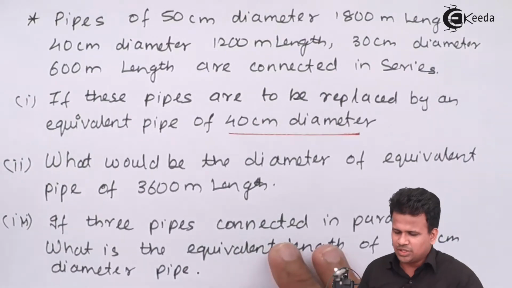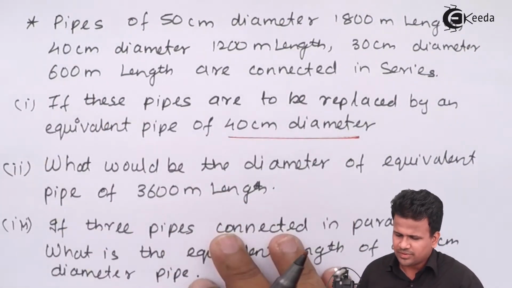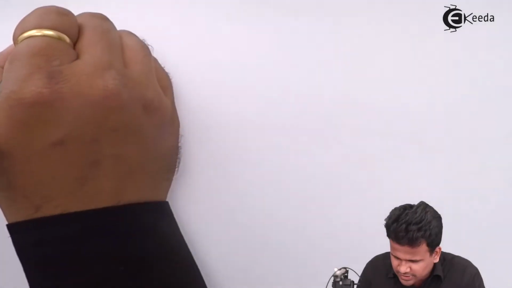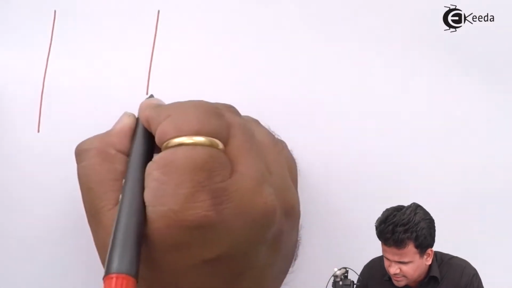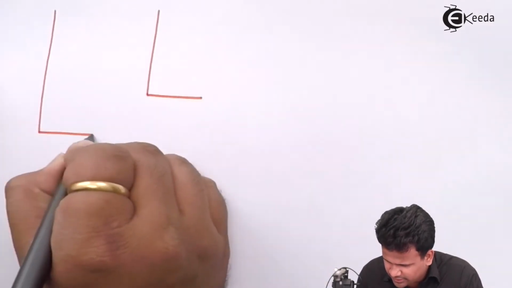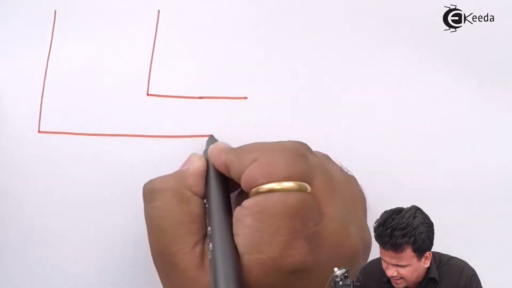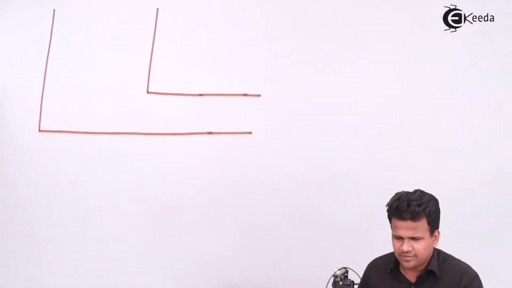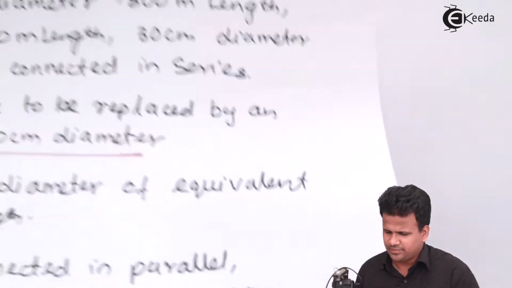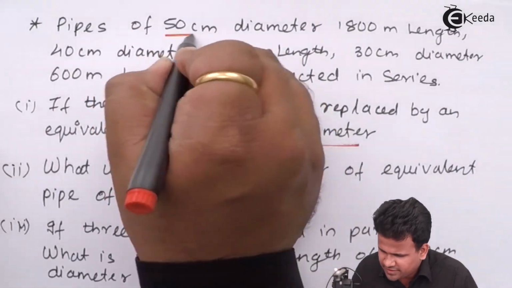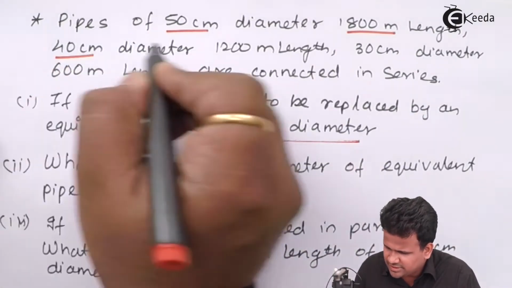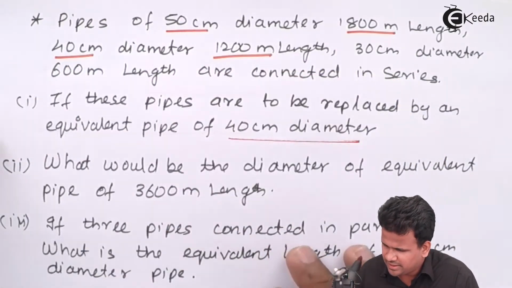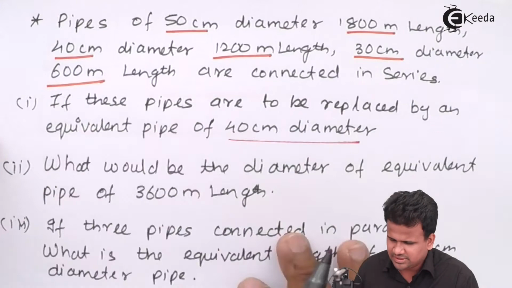So let us solve this problem for case 1. Let us draw a diagram for this pipe. There is a reservoir, and from the reservoir there are three pipes at the outlet. The first pipe has a diameter of 50 centimeter and 1800 meter length, then 40 centimeter and 1200 meter length, and 30 centimeter and 600 meter length.